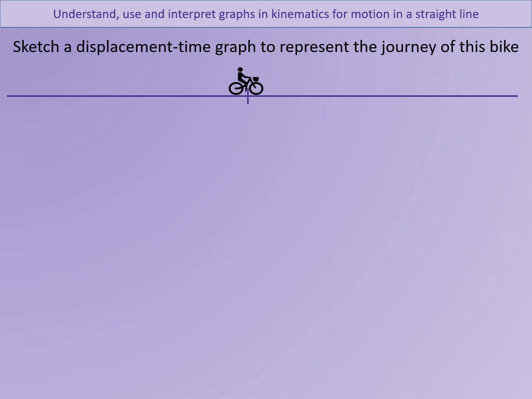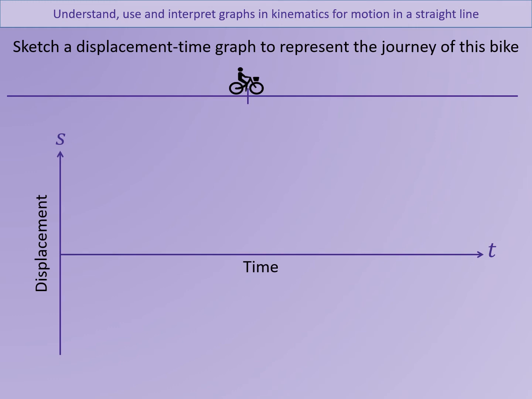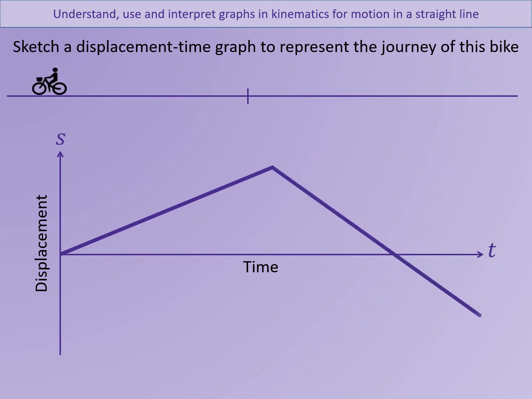Now consider the graph for this journey. Think carefully about the direction here. Let's look at that again. So here we can see, because the bike started here in the middle, this is zero displacement.